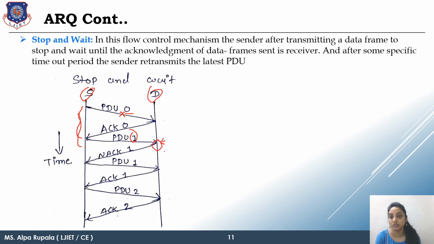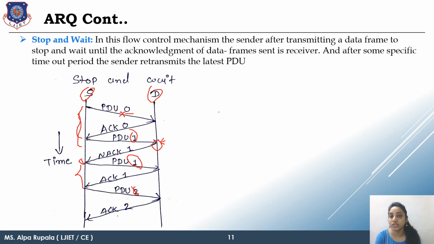So the receiver needs to send a negative acknowledgement, or we can say a request for retransmission, with the same PDU ID. The sender will receive the negative acknowledgement and send the same PDU again. As soon as it gets the positive acknowledgement of the received PDU, it will send the next one. Till that time, it will remain idle.